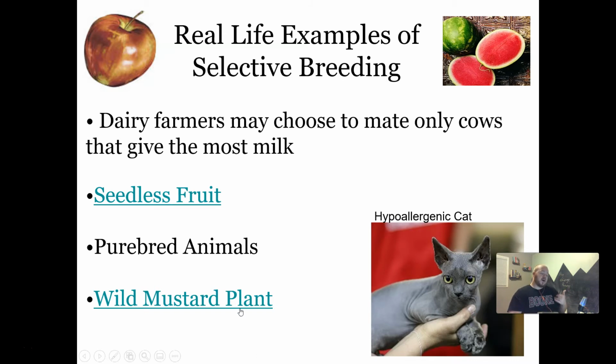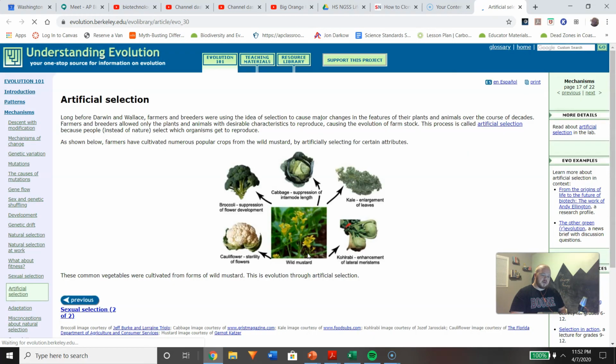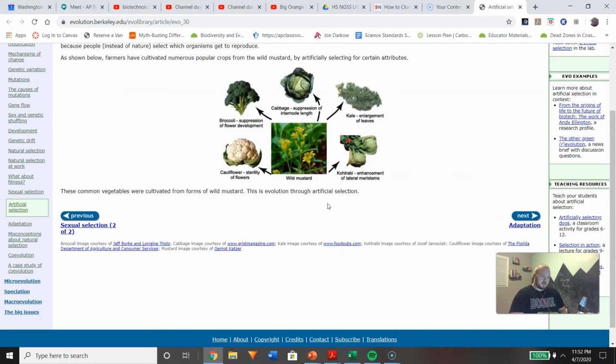And you can even take the wild mustard plant. Let's see if I can pull it up here. Wild mustard is probably one of the crazier ones that we see here. Wild mustard is actually going to give rise to a variety of different crops that we are familiar with.